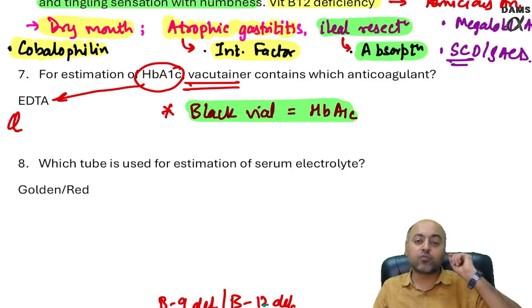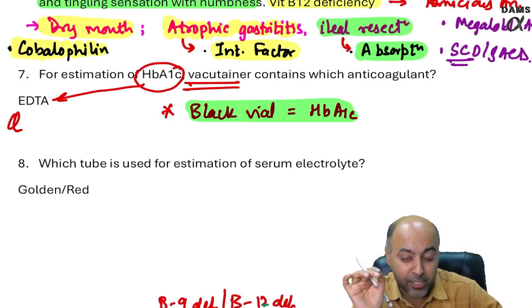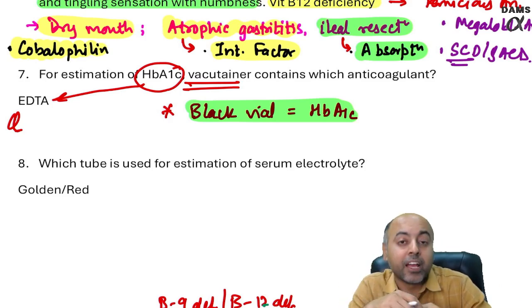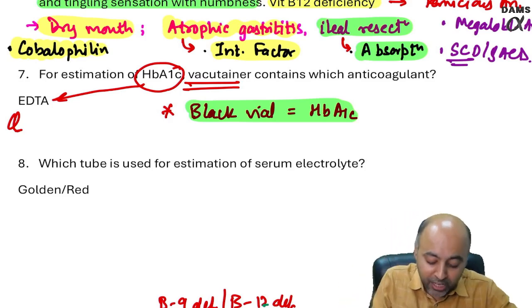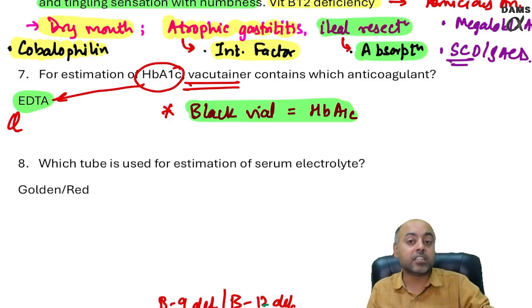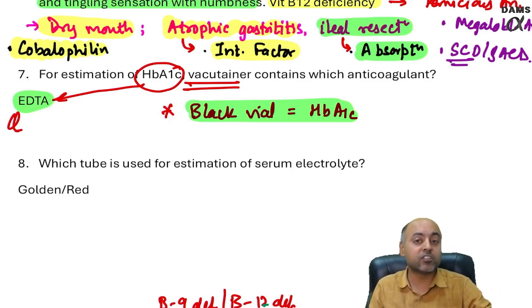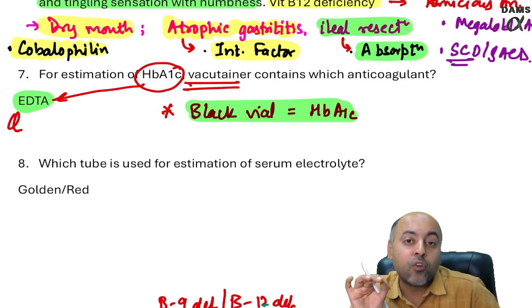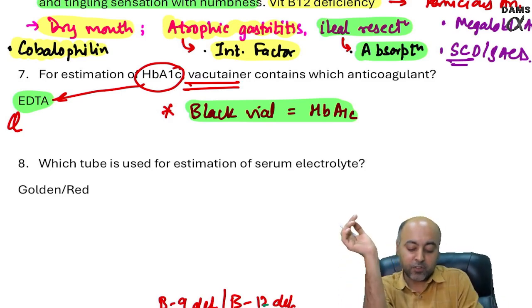Previously the black vial was used for HbA1c, but now there has been an upgradation of the equipment, and with the new equipment we are using the lavender top vial having the EDTA. Most of the laboratories have now shifted to newer equipment where you use the lavender top vial for the estimation of HbA1c.